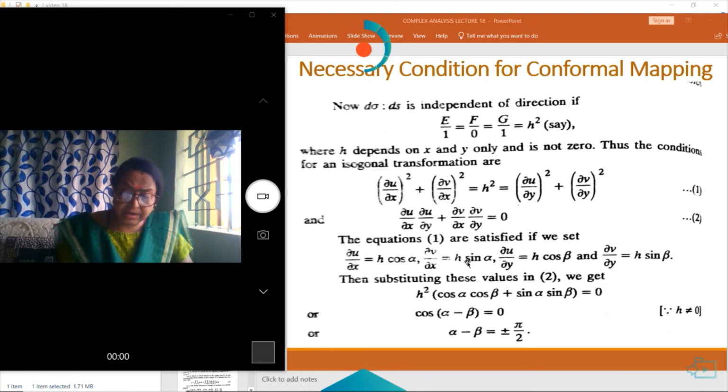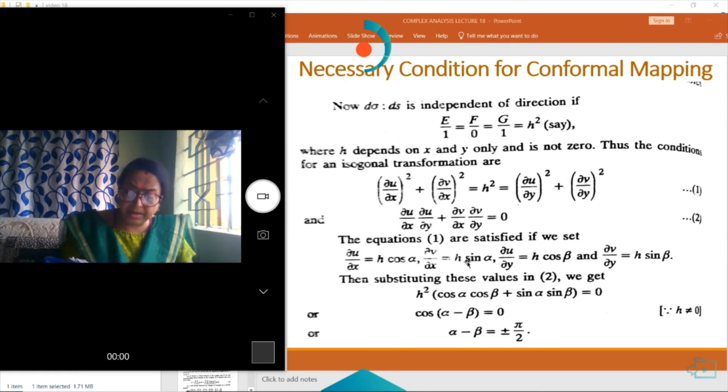Then substituting these values, we get alpha minus beta is equal to plus or minus pi by 2. Taking alpha minus beta as pi by 2, alpha is equal to beta plus pi by 2. Hence del u by del x can be written as h cos(pi by 2 plus beta), which is equal to minus h sin beta.